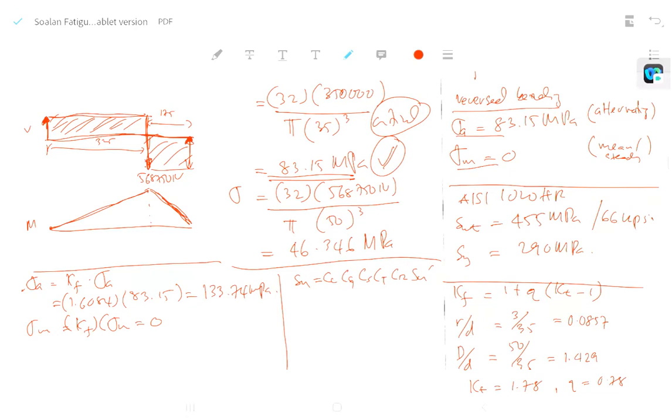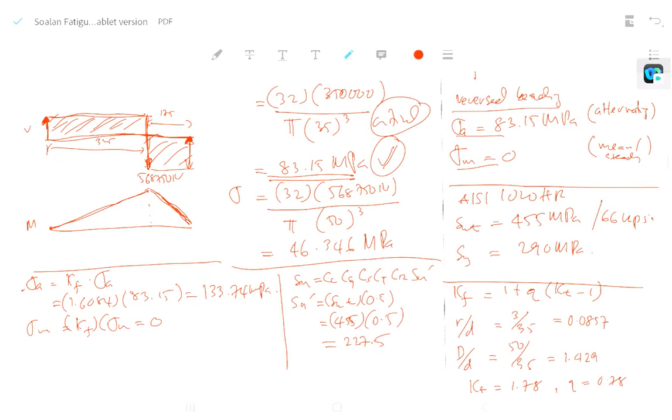So Sn prime is equal to SUT for the steel times 0.5. SUT is 455 times 0.5, equal to 227.5.